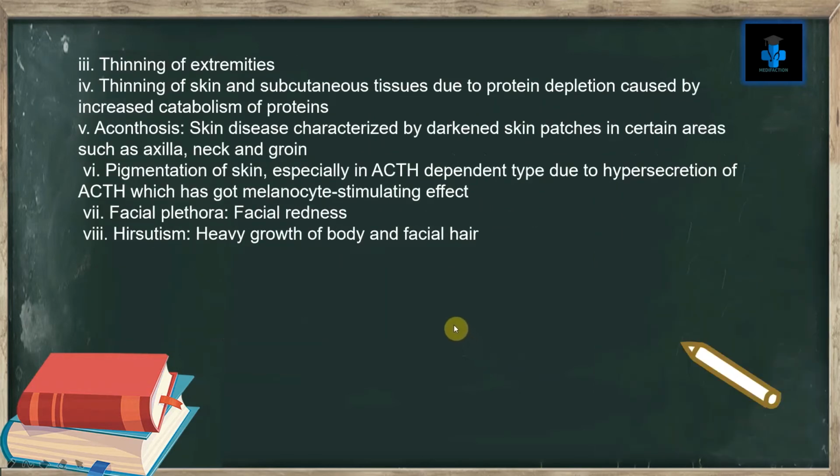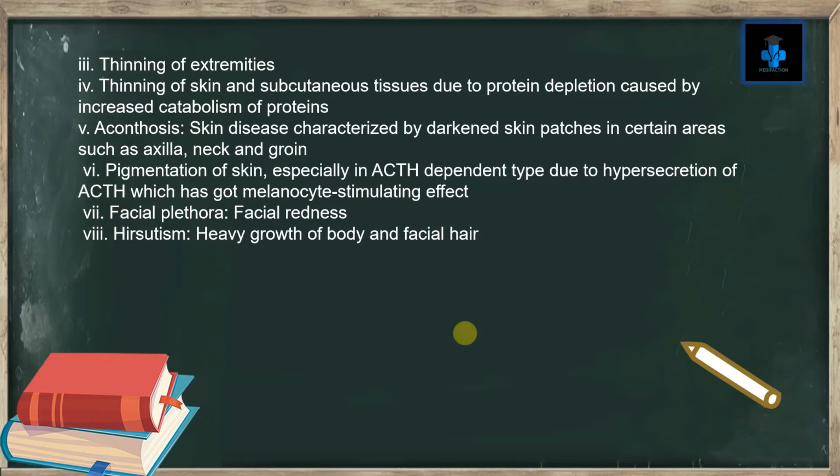Continue. 3. Thinning of extremities. Number 4. Thinning of skin and subcutaneous tissue due to protein depletion caused by increased catabolism of proteins. Number 5. Acanthosis. Skin disease characterized by darkened skin patches in certain areas such as axilla, neck and groin. 6.